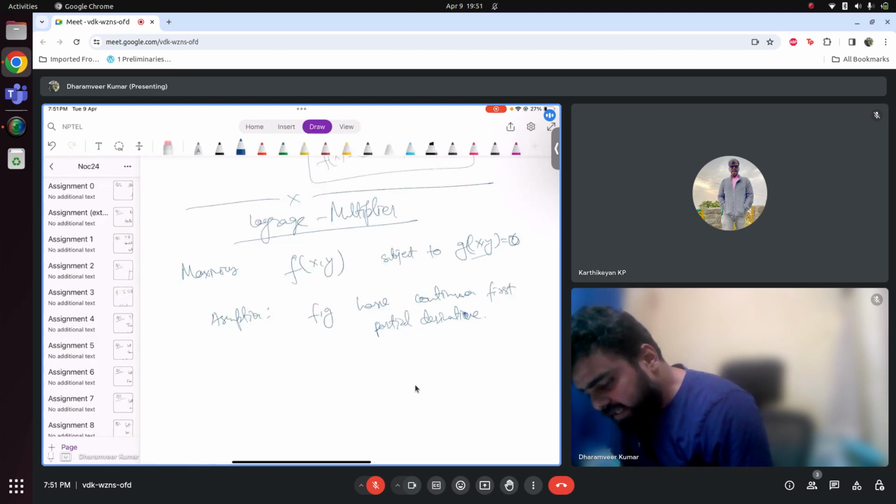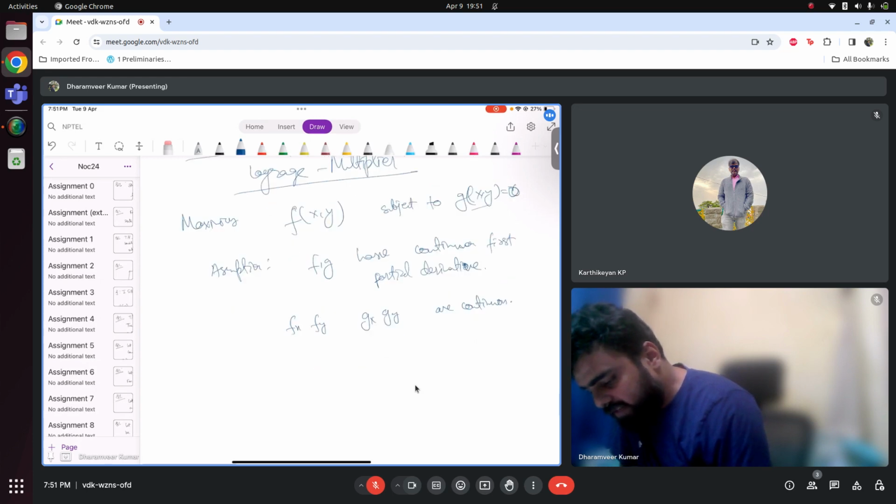So basically, fx, fy, gx, gy are continuous. What you define is N of x, y, lambda is equal to f of x, y plus lambda g of x, y.